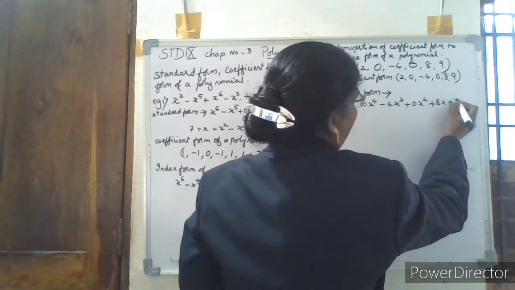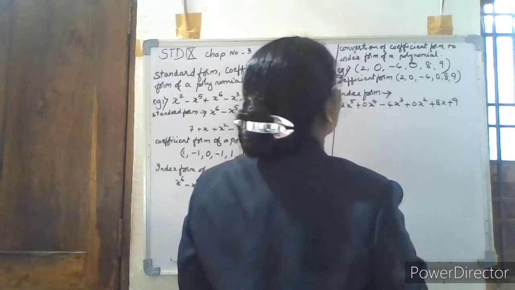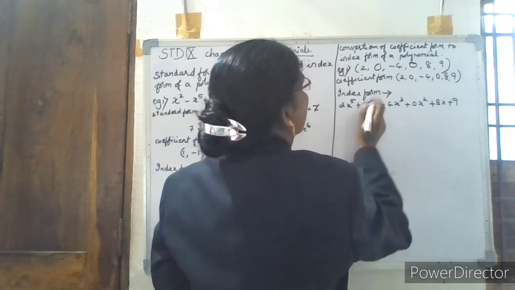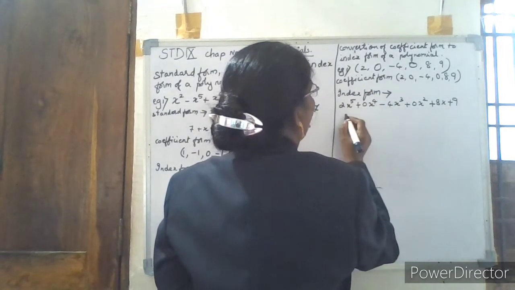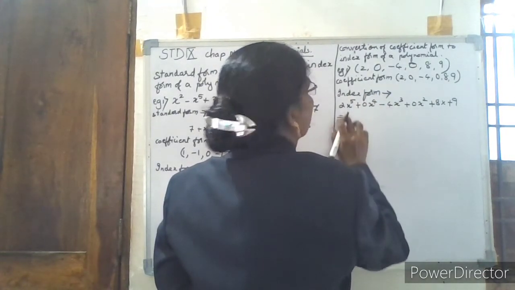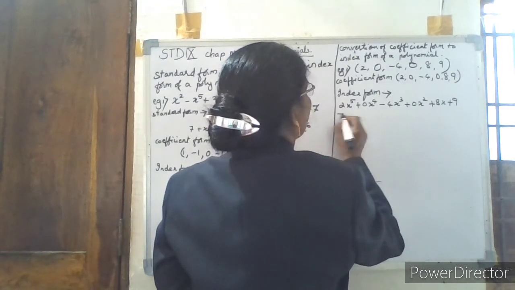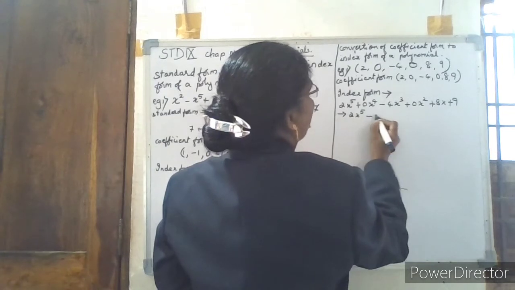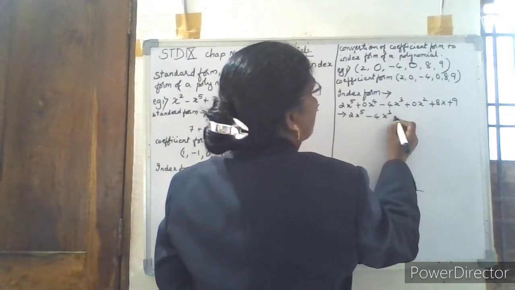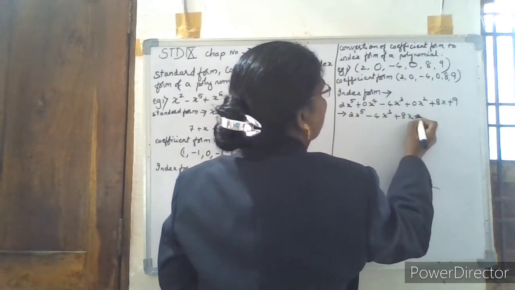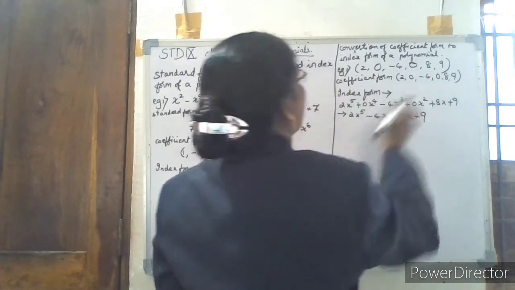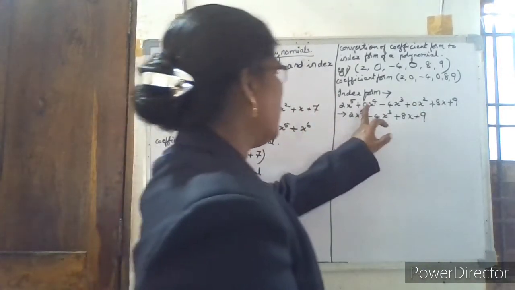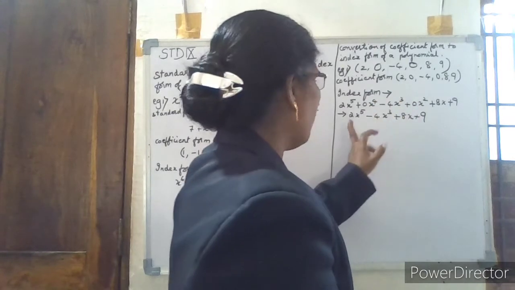The final index form is 2x raised to 5 minus 4x cube plus 8x plus 9. This is the index form. With coefficient as 0, we'll leave it off and write the index form.